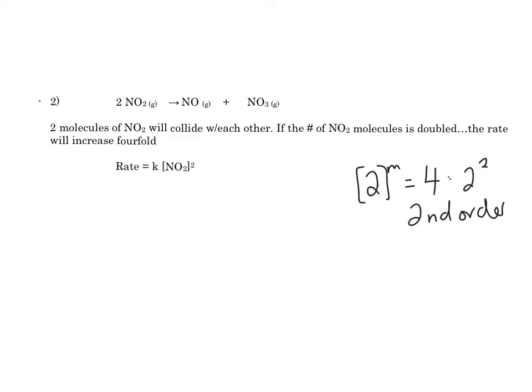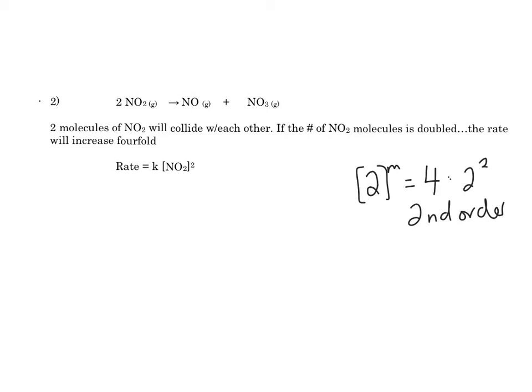So the rate law expression is given as rate is equal to K, the rate law constant, times the concentration of nitrogen dioxide to the exponent 2, second order. So again, this is an elementary process.